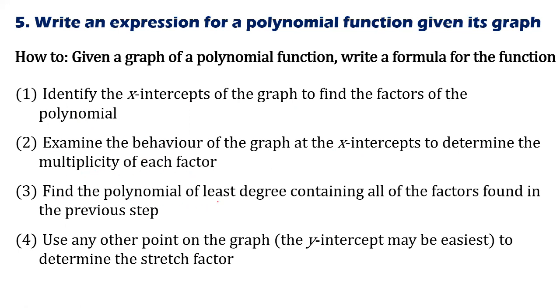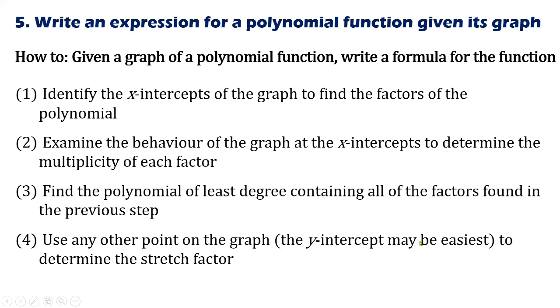Third, find the polynomial of least degree containing all of the factors found in the previous step. And then last, use any other point on the graph to determine the stretch factor. Usually the y-intercept might be the easiest.